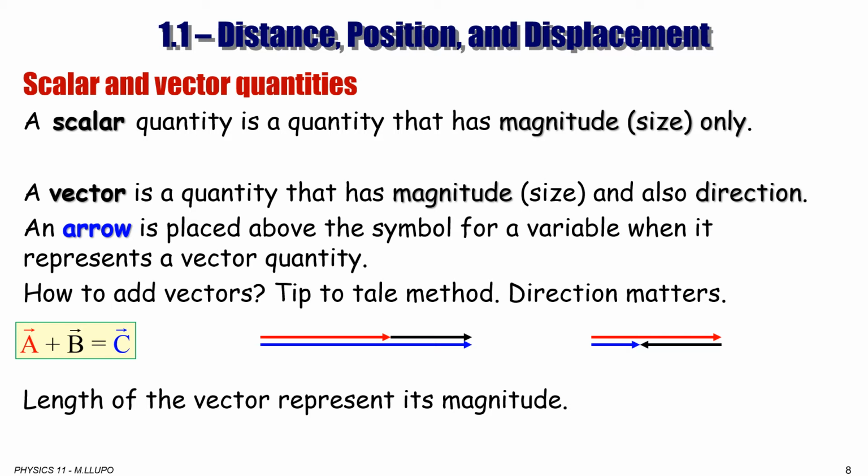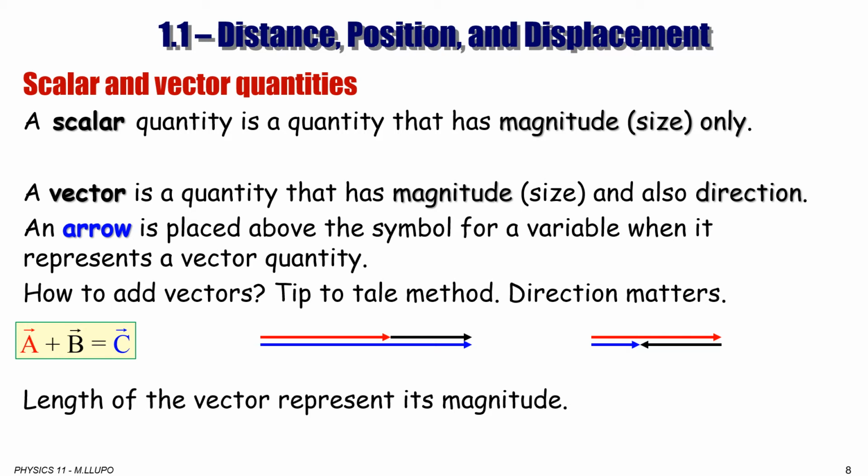Because vector A is drawn longer than vector B, and we know vector C is longer than both. Now if you see the diagram on the right, vector A is the biggest one, then vector B, and the sum of those two vectors is even smaller than themselves. So the magnitude is very important, but the direction is what determines the sum of those two vectors when we add vectors together.